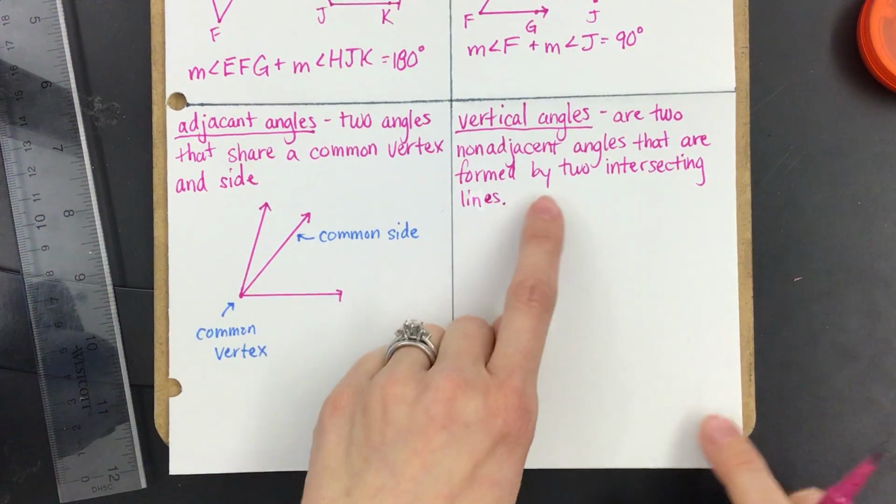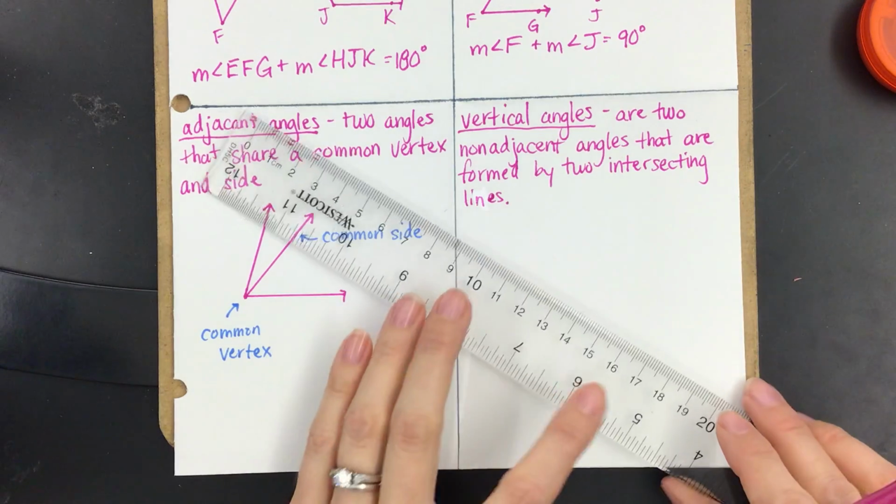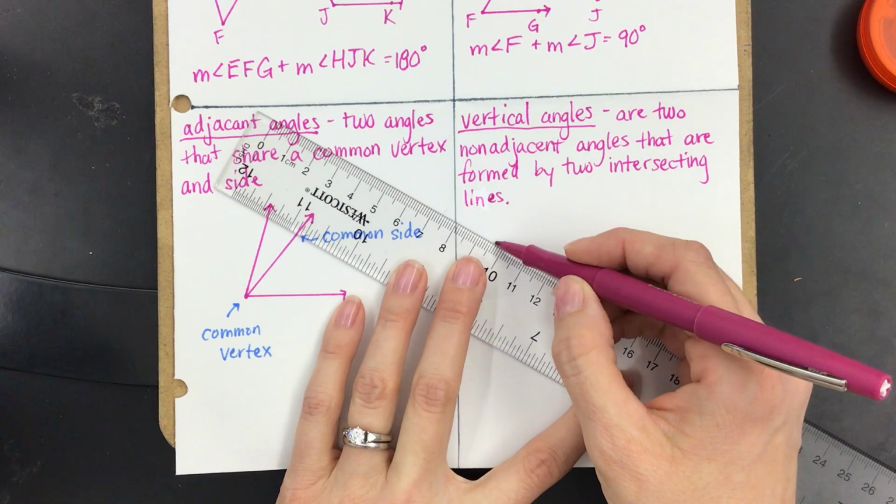Okay, and I'm going to add a little bit to that, so leave a little bit of space, because we're going to add to it in just a second. And we're going to draw a picture of vertical angles.